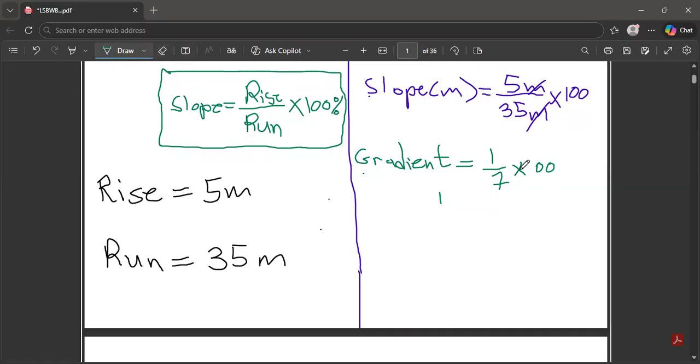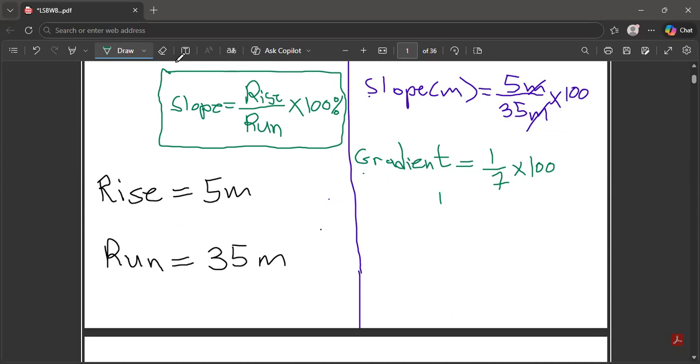Exactly. So let's quickly put this together on the calculator. We say 1 over 7 times 100. And what are you going to get? You're now going to get 14.2857, okay?